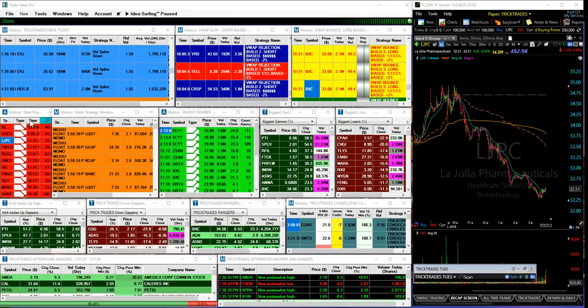So let's get into how to use and what type of scans come with Savage Scans. Savage Scans comes in two packages. Number one, Full Throttle, which is what you see on your screen here. This is the full meal deal. These are all the Trade Ideas scans that TrickTrades uses on a daily basis to catch the winning plays that we do each and every day.